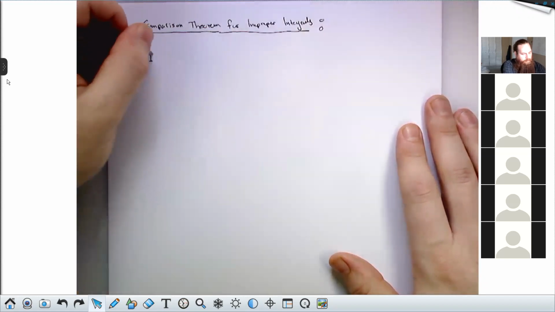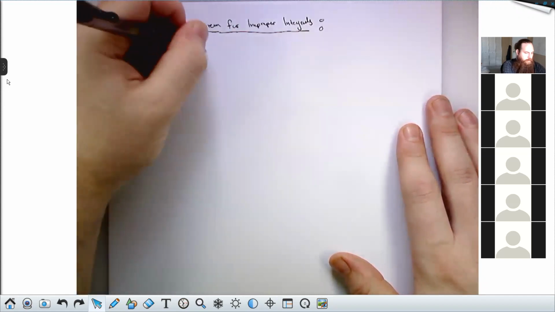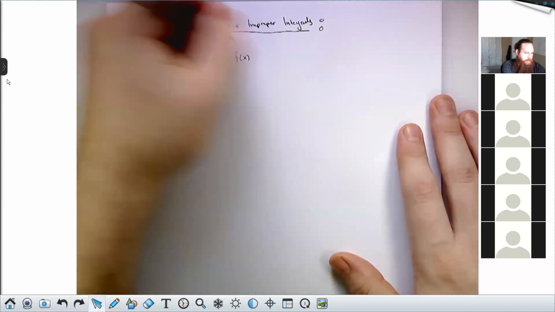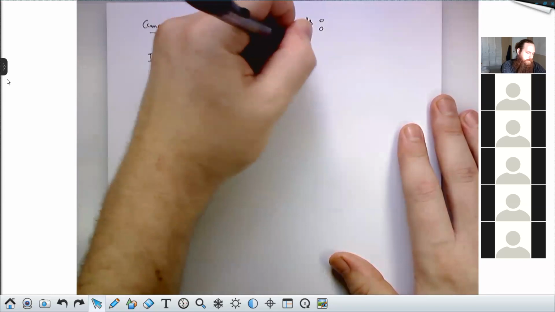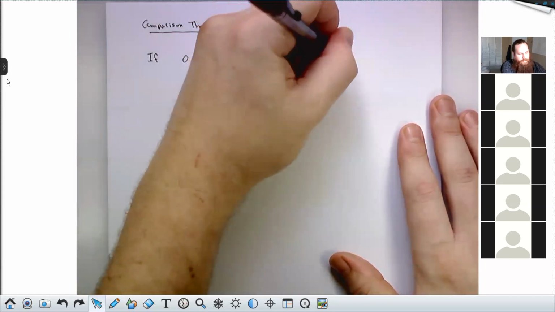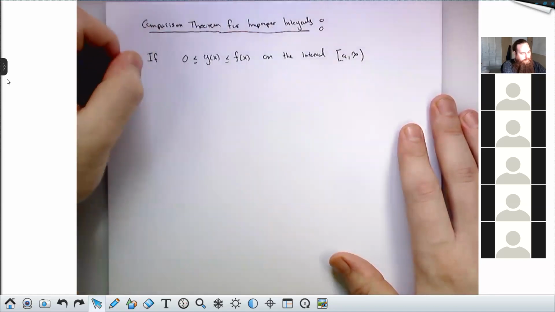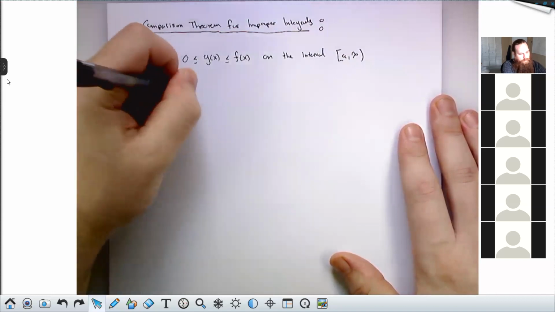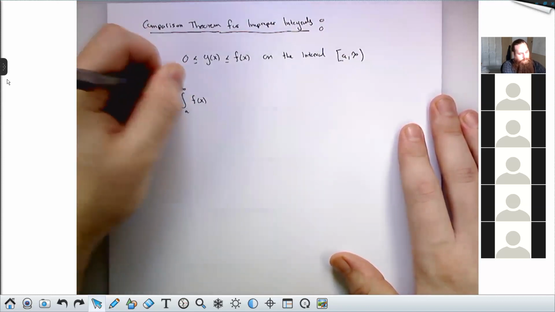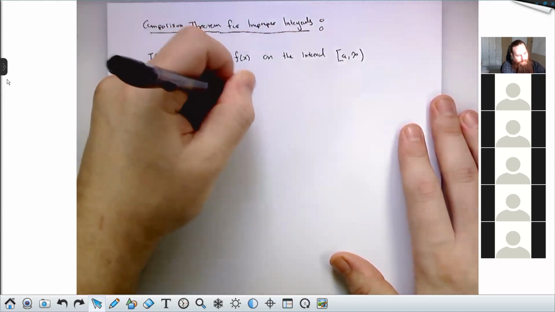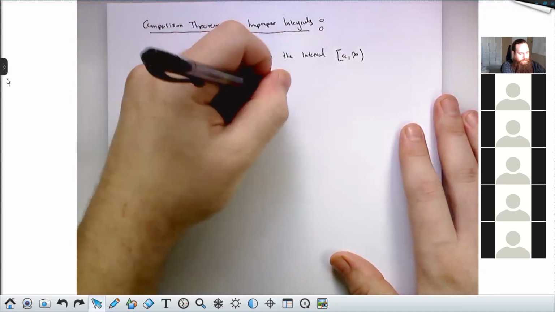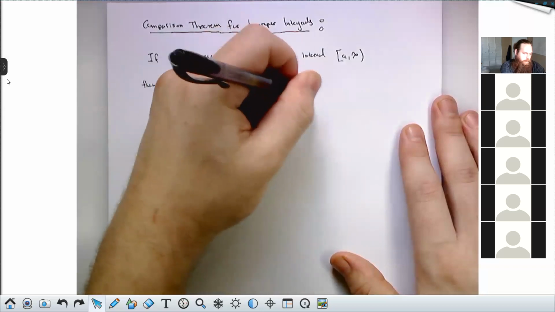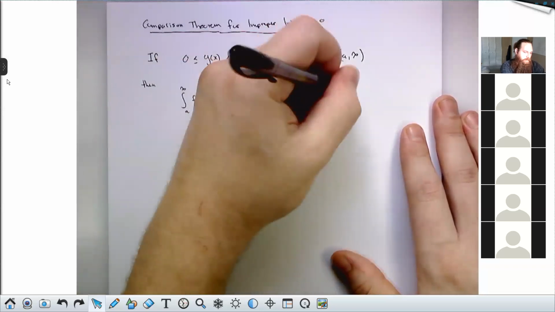This says if 0 is less than or equal to g of x is less than or equal to f of x on the interval a to infinity, then if the integral of f of x from a to infinity dx converges, then the integral from a to infinity of the smaller function g of x also converges.